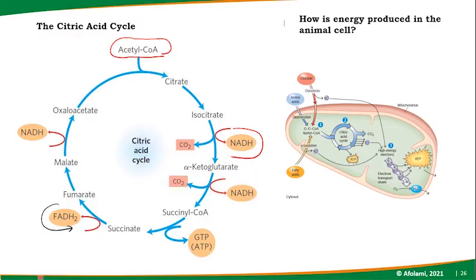These are electron carriers, and we meet here that between the point in which succinate and fumarate is produced, FADH is produced. FADH stands for flavin adenine dinucleotide.